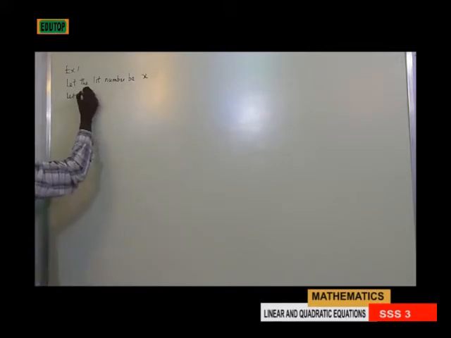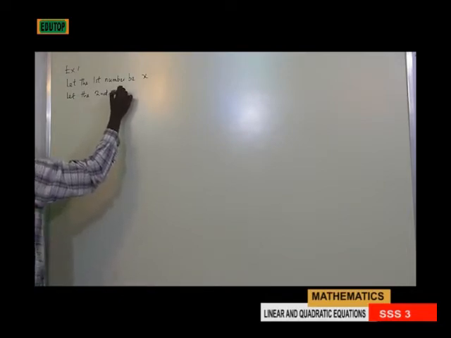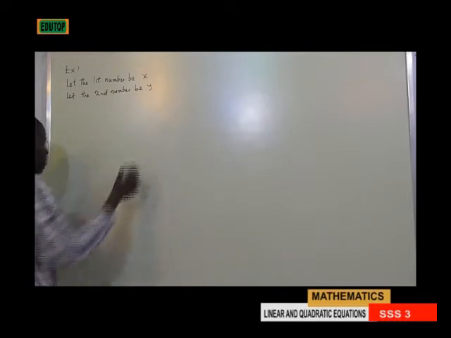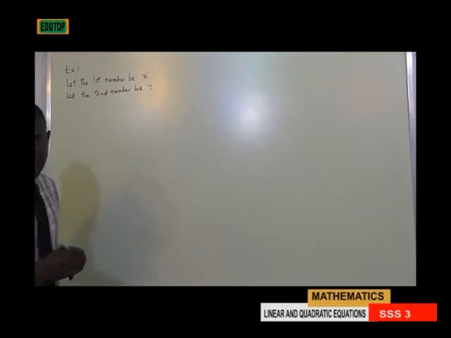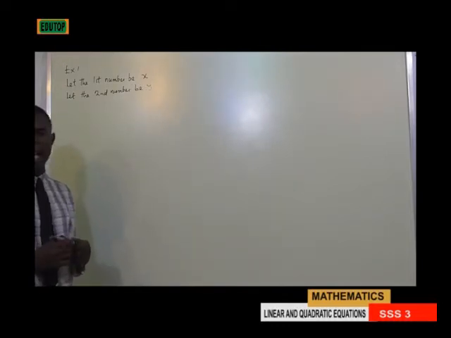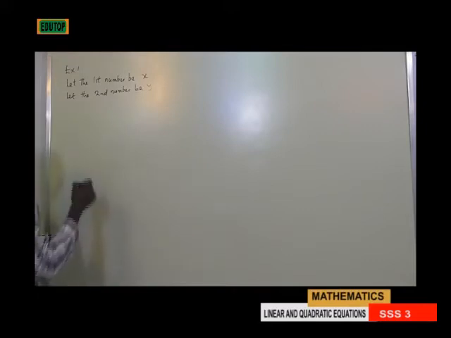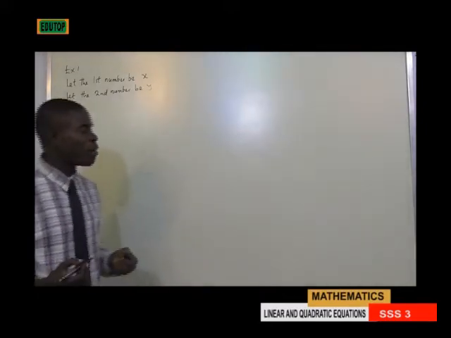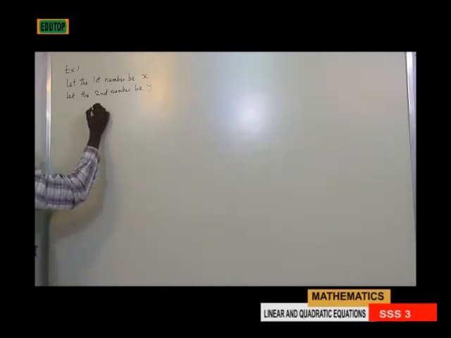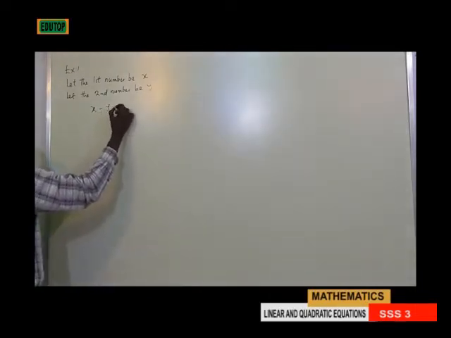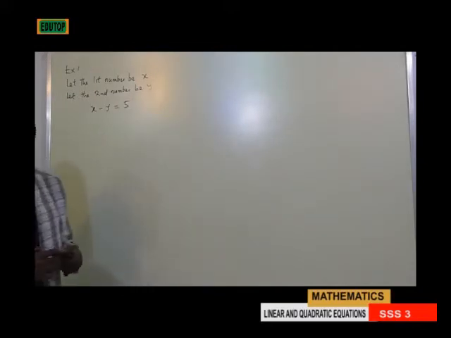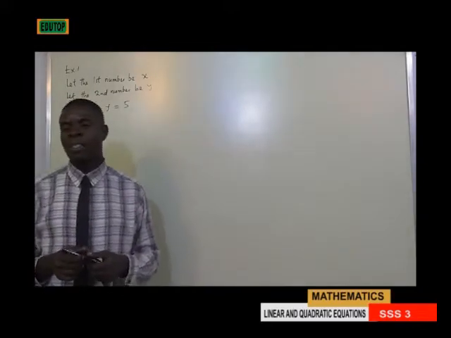Let the second number be y. Since it is stated that one number exceeds another by 5, that means the difference between the two numbers must give us 5. So x minus y is equal to 5. This is a mathematical equation for that statement.